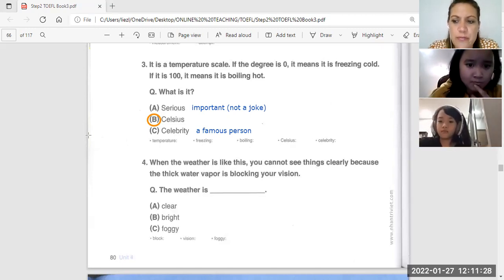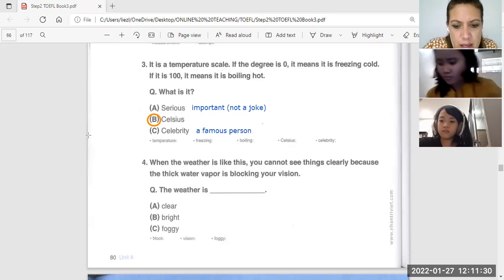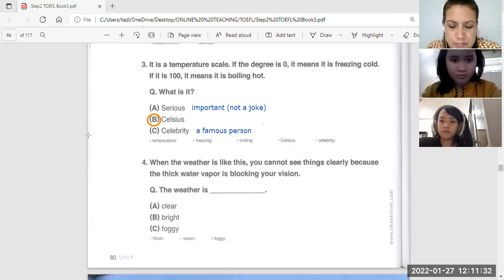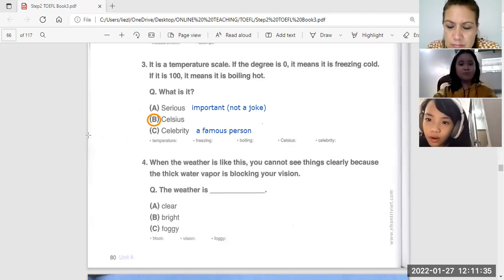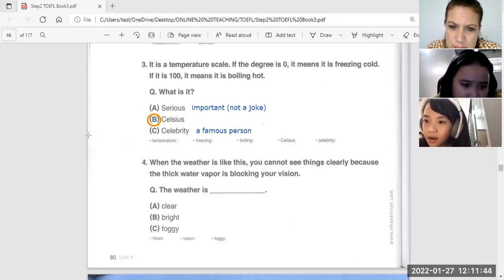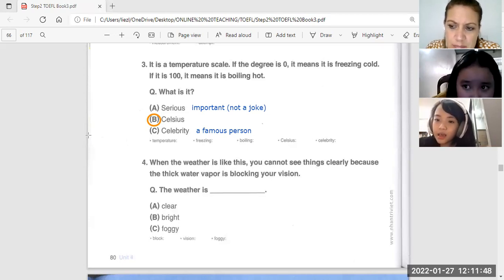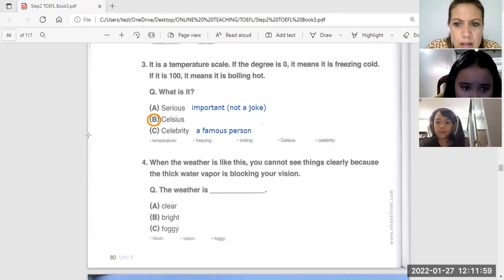Okay, let's have Annie, number 4. 4. When the weather is like this, you cannot see things clearly because the thin water vapor is blocking to vision. Okay.